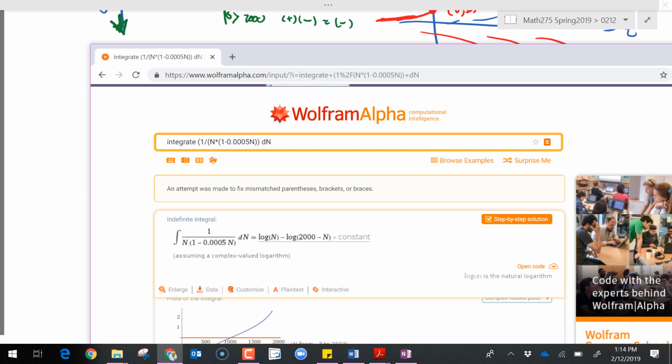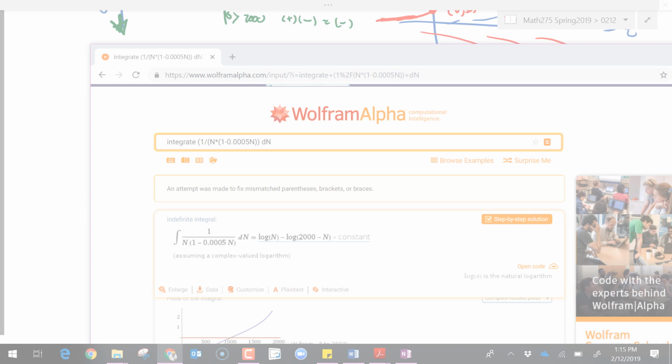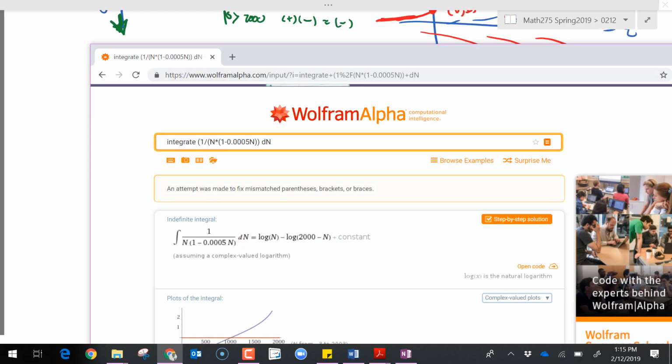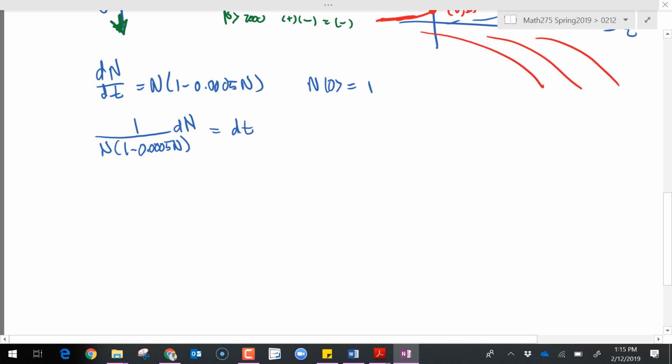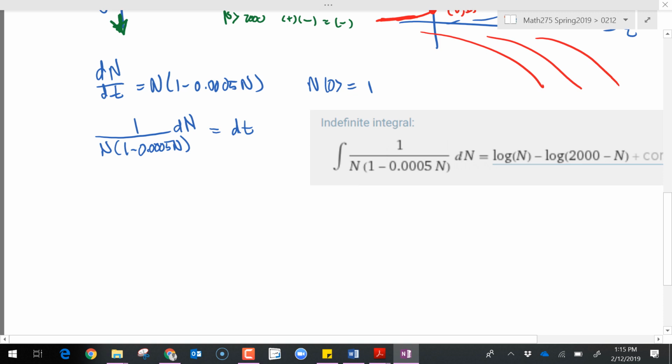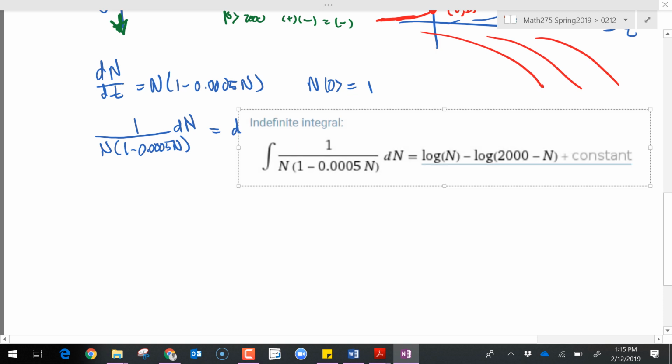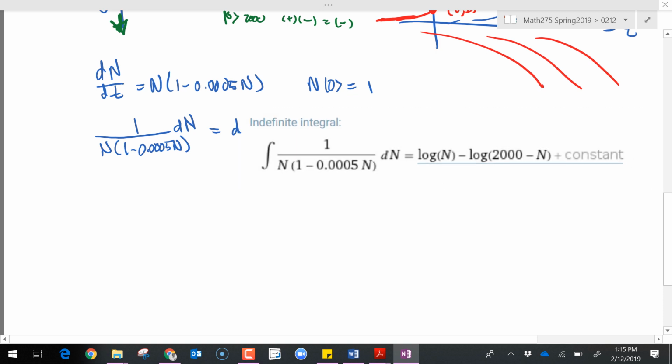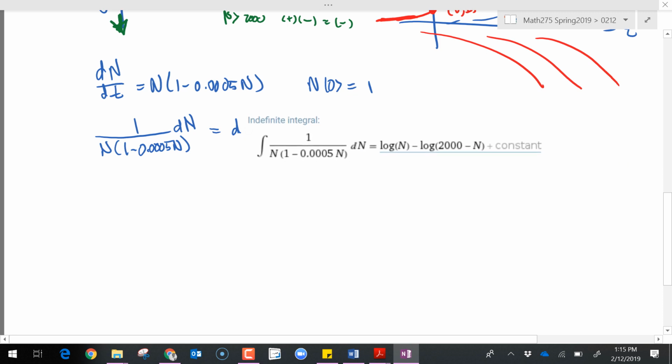The log in Mathematica is ln, the natural log, so we'll take that. This is partial fractions, by the way. That should be one of the techniques that you're expected to know to be able to do in your exam.